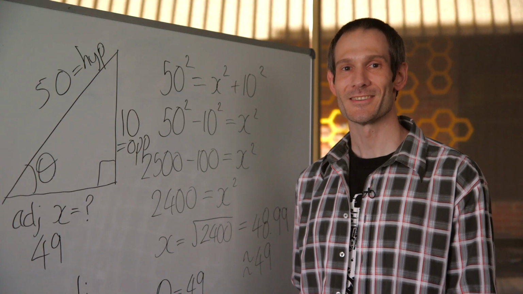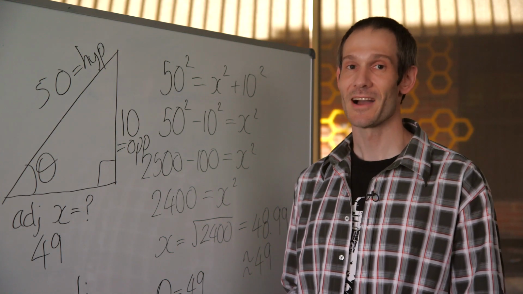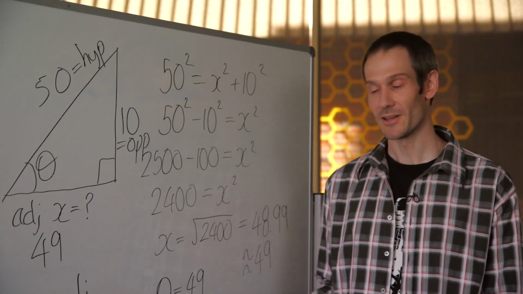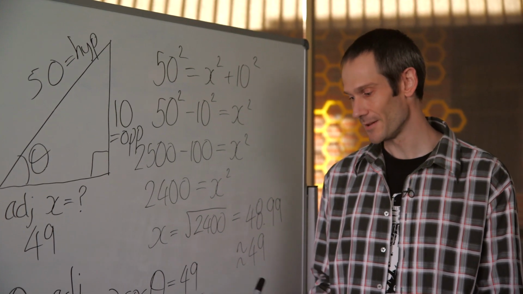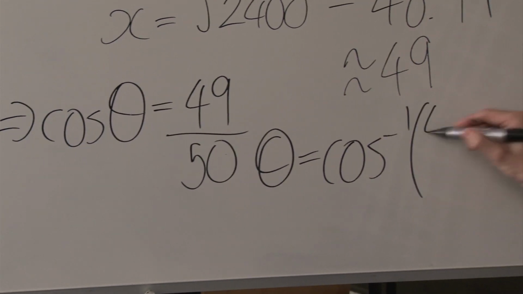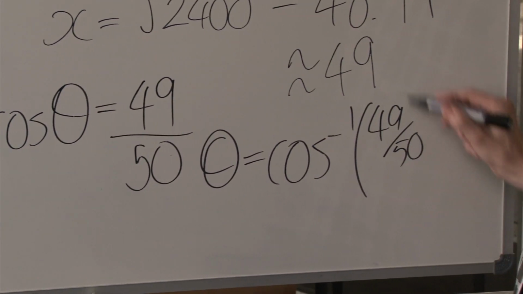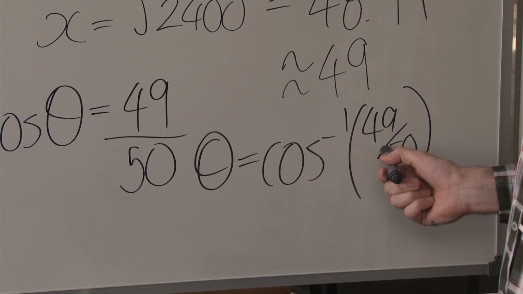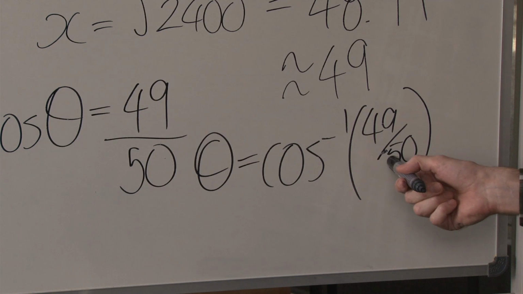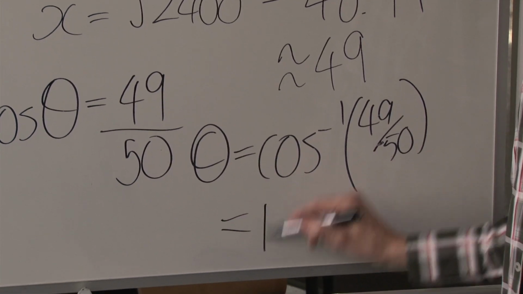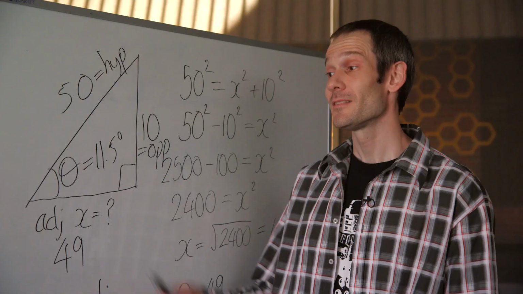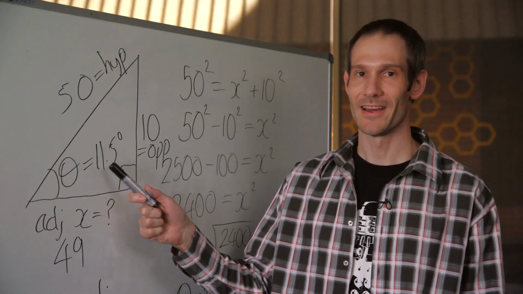The inverse trig functions are sometimes also referred to as the arc functions. So to solve for theta, I need to take the cosine inverse of 49 divided by 50. Evaluating this on your calculator, cosine inverse, or arc cosine, of 49 divided by 50 will give us 11.5. So the steepness of this flying fox is 11.5 degrees.